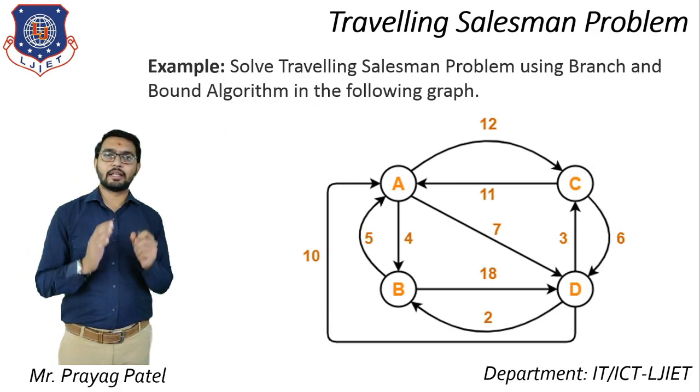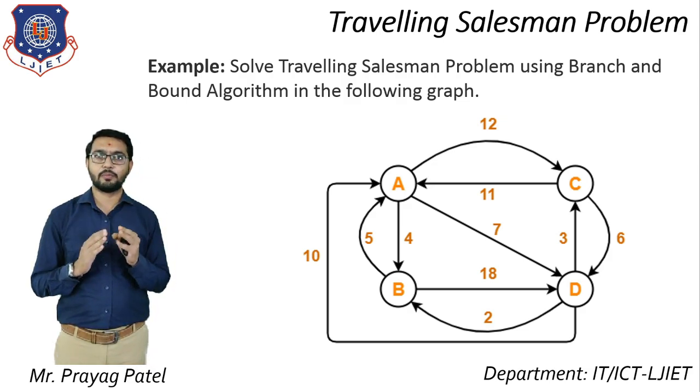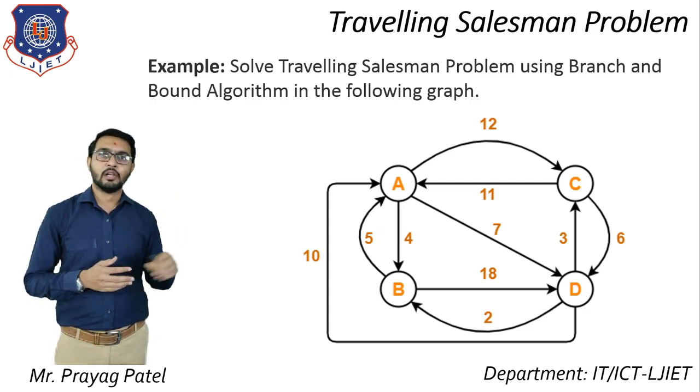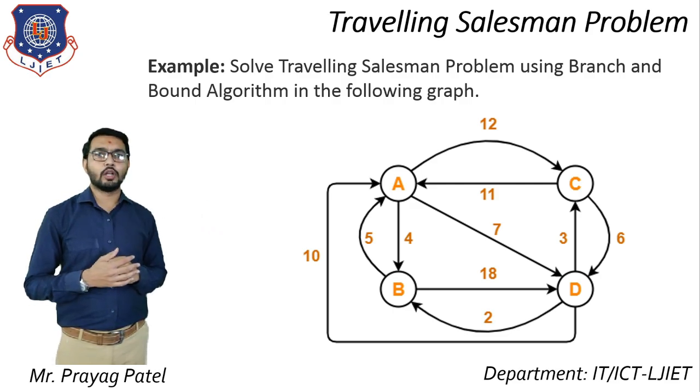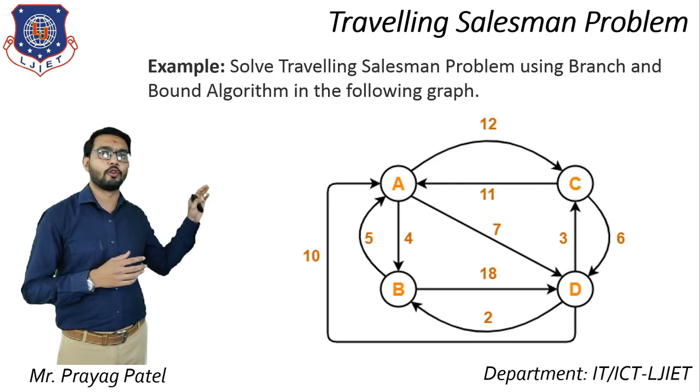Now consider one example, and using this example understand how the traveling salesman problem works, or how we can find the solution for the traveling salesman problem using the branch and bound algorithm. Solve the traveling salesman problem using the branch and bound algorithm in the following graph.